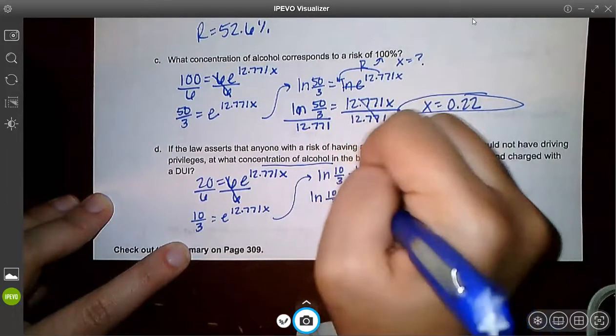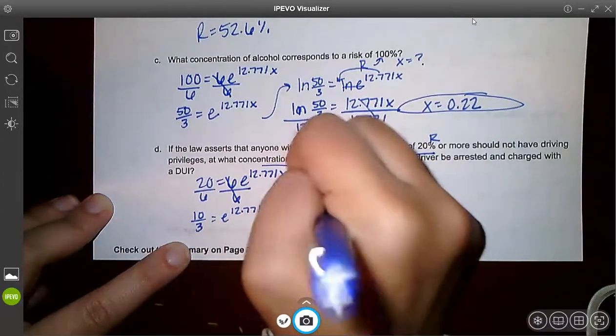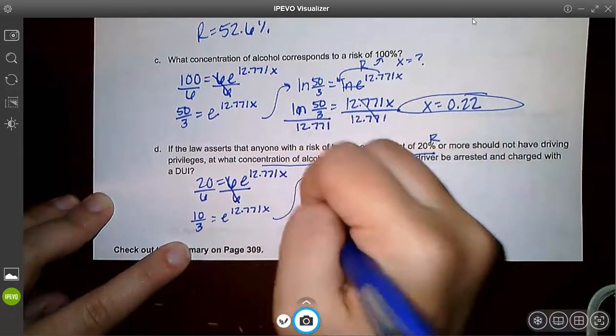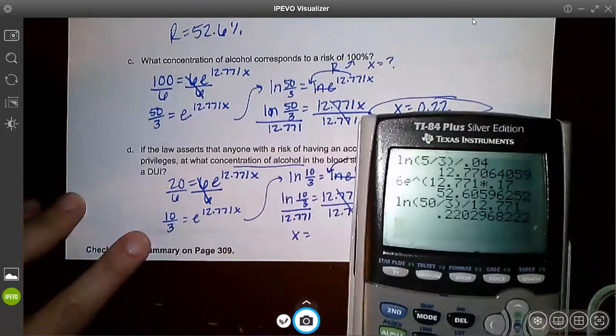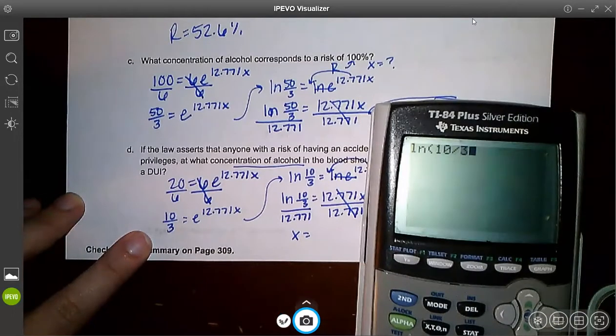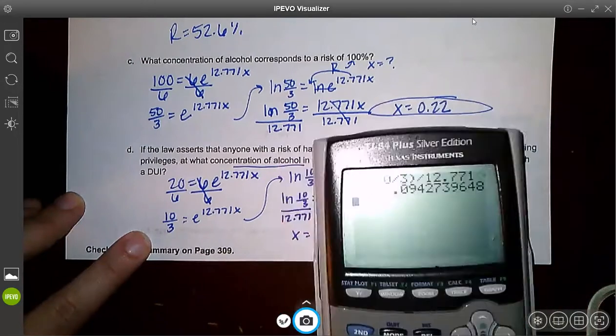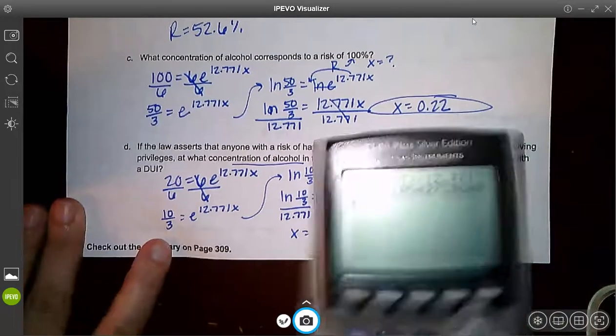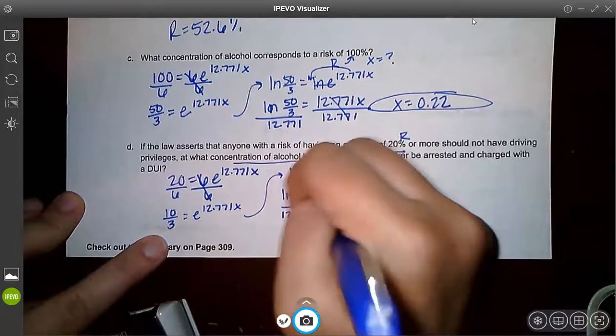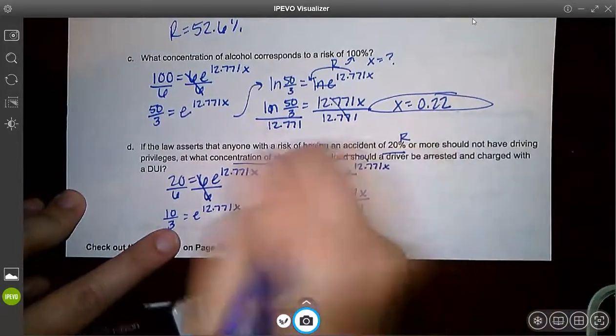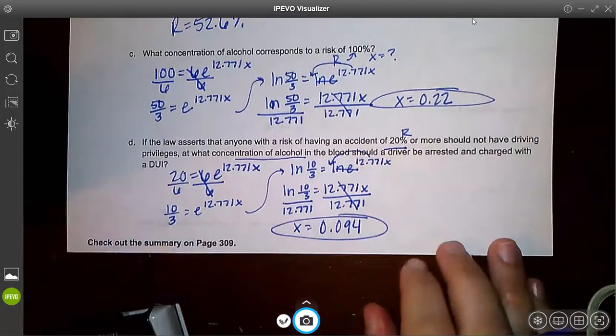Divide. And then type it in your calculator. 0.094. That is all for 4.3.